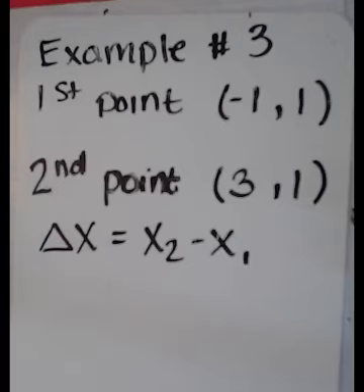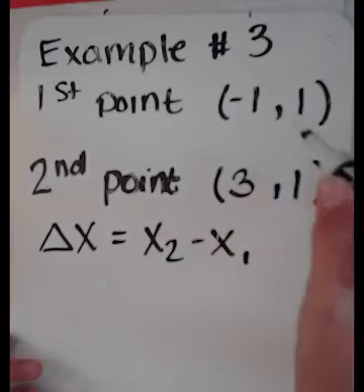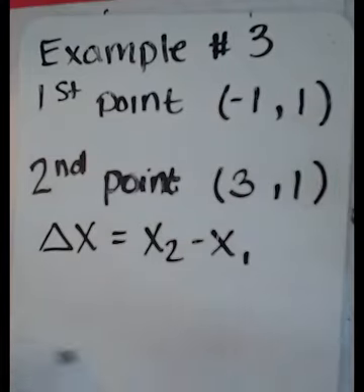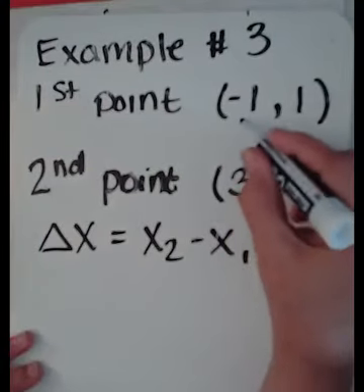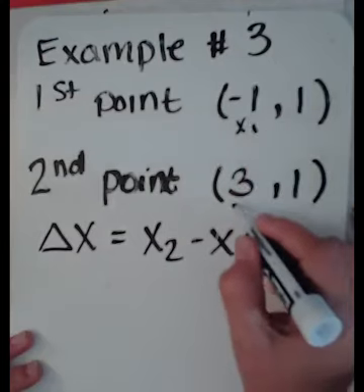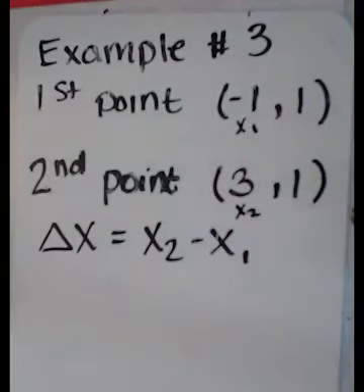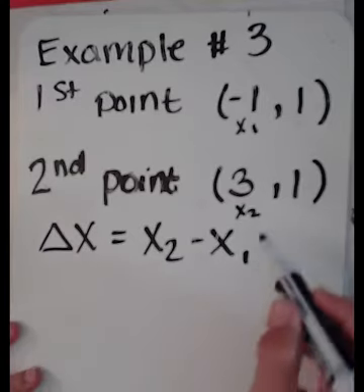Now let's take a look at another example. Example number 3. We'll use the same formula, x2 minus x1 equals our change in x, and a reminder that the 1 and 2 are referring to our first point and our second point. So we can substitute in our values.